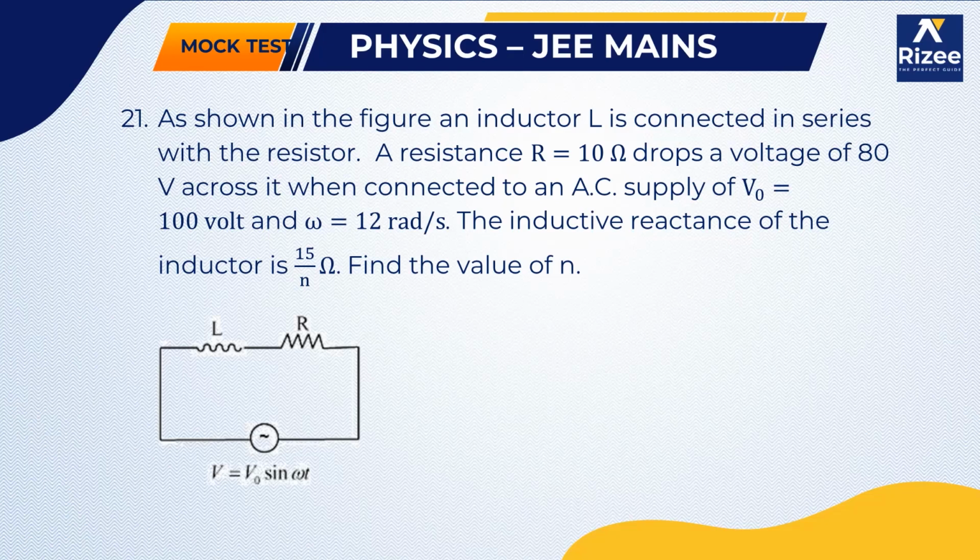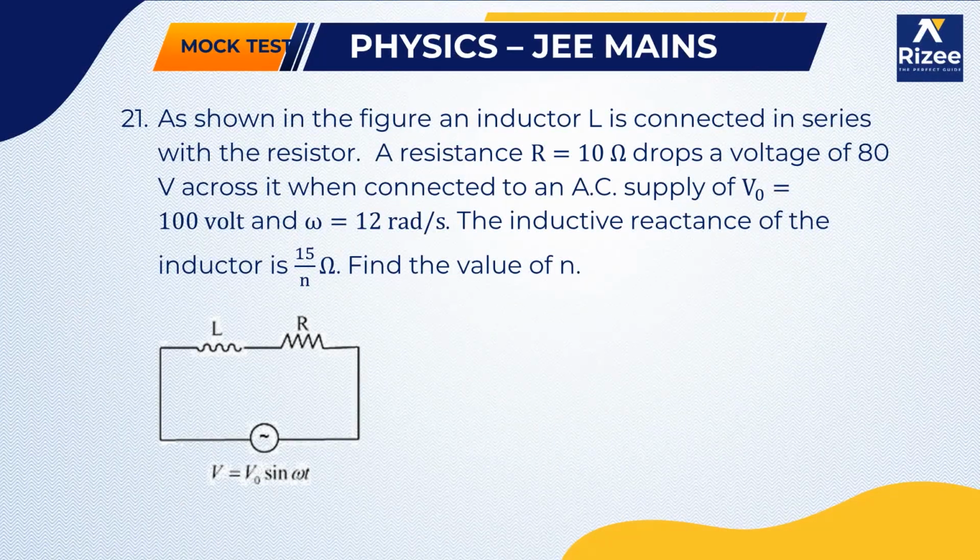The resistor drops a potential of 80 volts across it when connected to an AC supply, V0 is equal to 100 volts, and omega, the angular frequency, is 12 radians per second. The inductive reactance is 15 by N. He's asking what is the value of N. So to find the value of N, how much will it be.